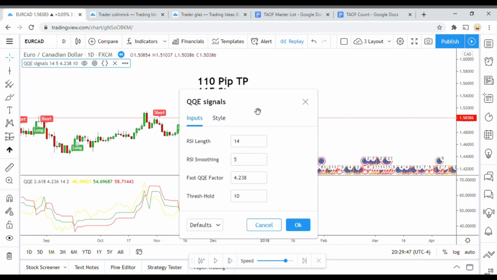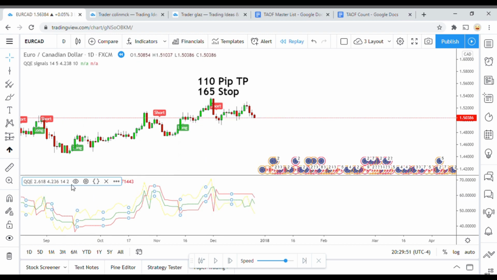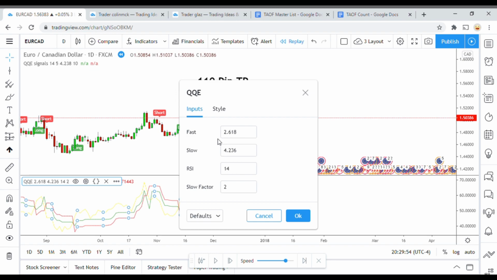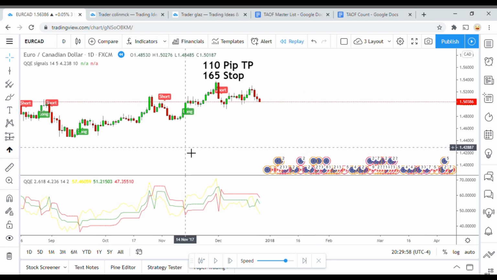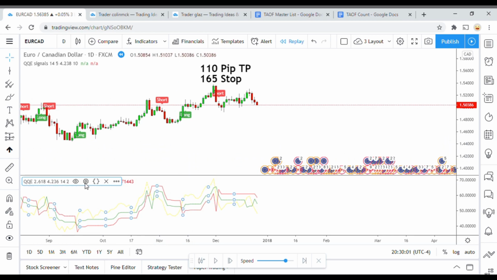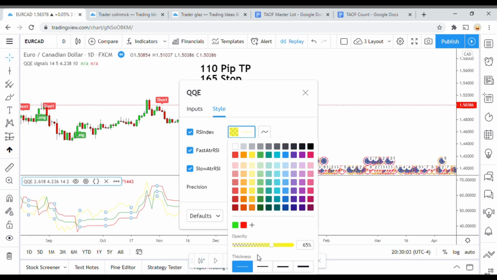Now, I didn't check. Let me double check and make sure. Let's see, 14, 5. Yeah, the inputs are a little bit different. But let me do this at least. It is really hard to see in its current state.